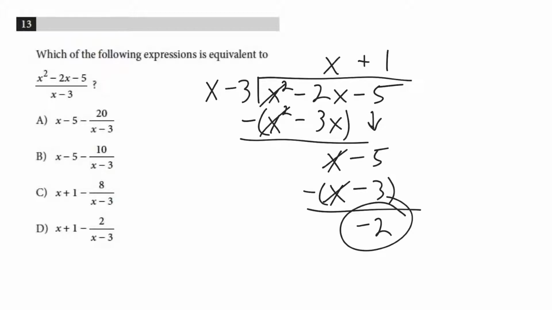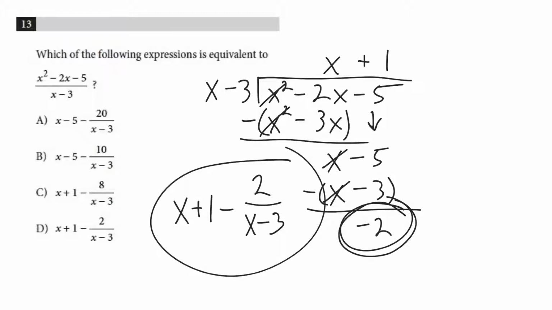That has not been divided by x minus 3. So my solution to this would be x plus 1, and since this is negative, it's going to be minus 2 on x minus 3. That is my expression there, and I can see that only answer D is going to give us a solution.